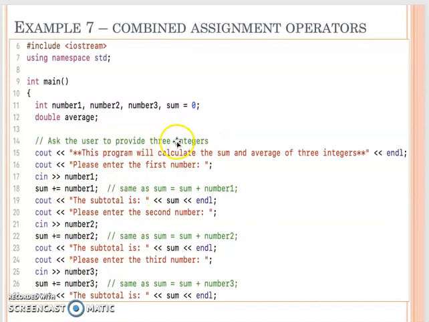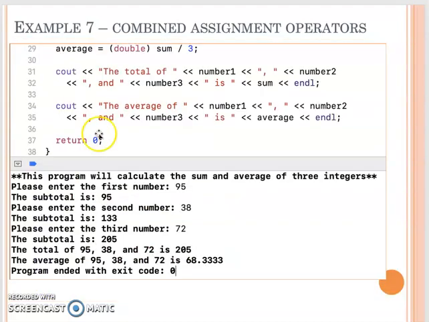Each time you get the user input, you just add the number into the sum. You will see that's our combined assignment operator. We also use the combined assignment operator here. After that, we divide by 3.